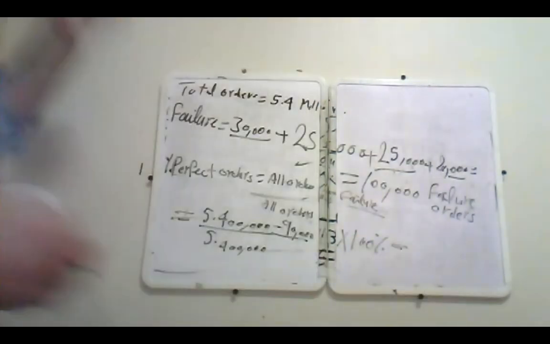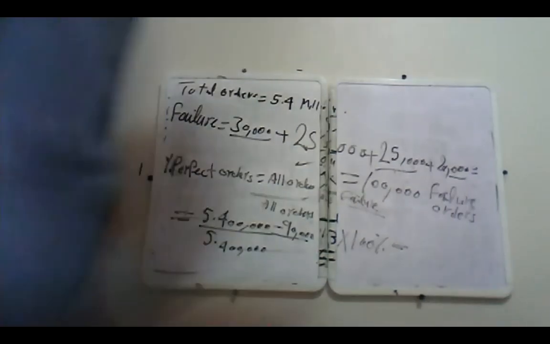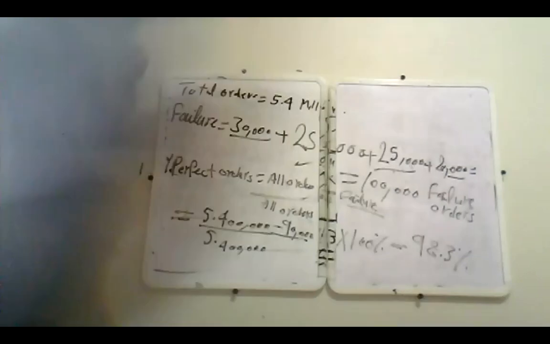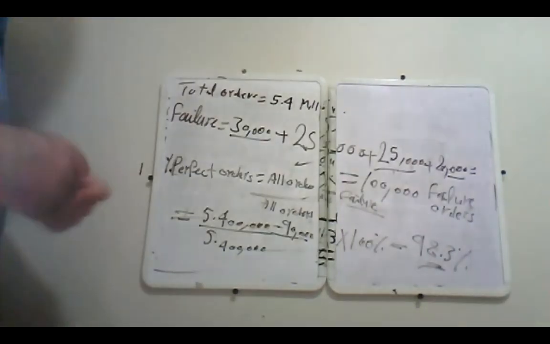This will give you the percentage of 98.3%. This means what? 98.3% of orders were correct, were right, in the right spot or on the right place.